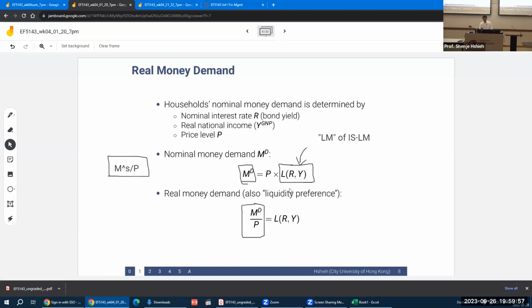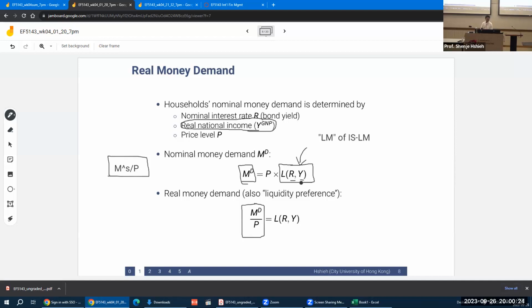That's what this L function is, and it takes two parameters: interest rates, R, and income, Y. This is from week 1. Real national income, or just national income is fine, is now a parameter in our liquidity preference function.